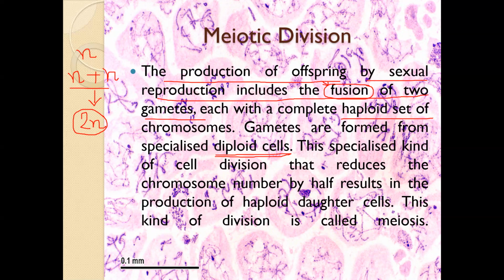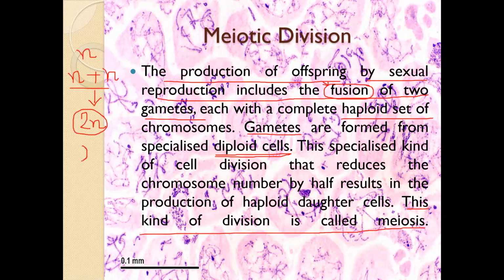Gametes are formed from specialized diploid cells. The specialized kind of cell division that reduces the chromosome number by half, resulting in the production of haploid daughter cells, is called meiosis division. These gamete cells need to be produced; until and unless they are produced within a system, that system cannot go for the sexual reproduction process.